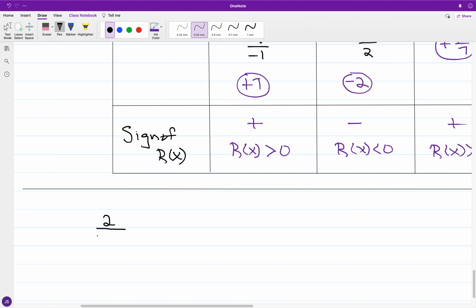Let's say we have 2 over x plus 2 is greater than or equal to 1 over x plus 4, and of course, we're solving for x.